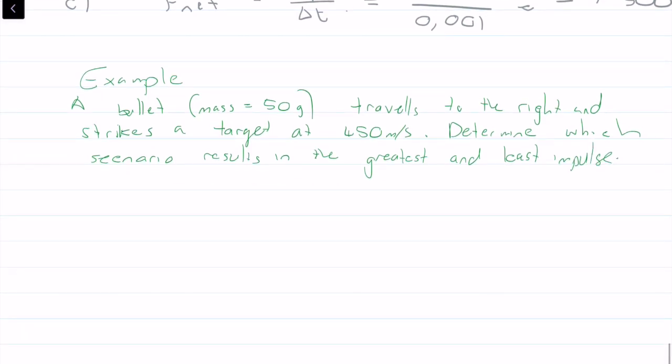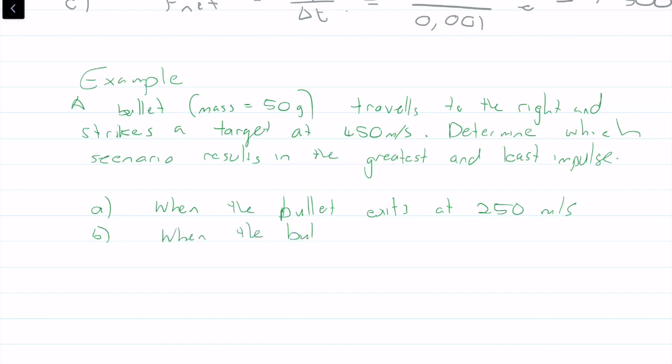Okay, so scenario A, we're going to say, is when the bullet exits at 250 meters per second. B is when the bullet stops in the target.